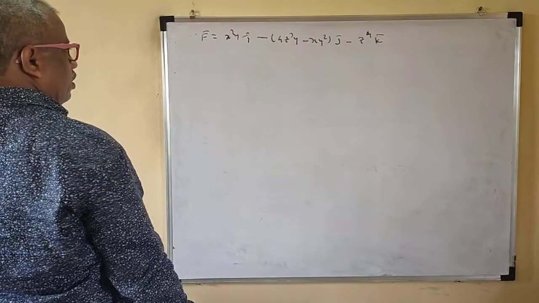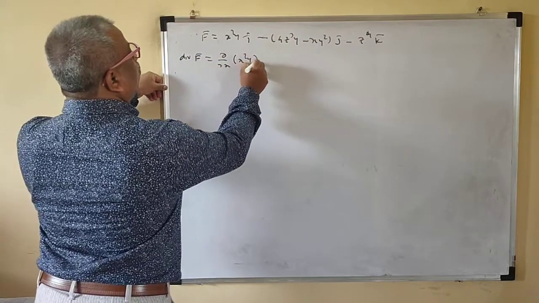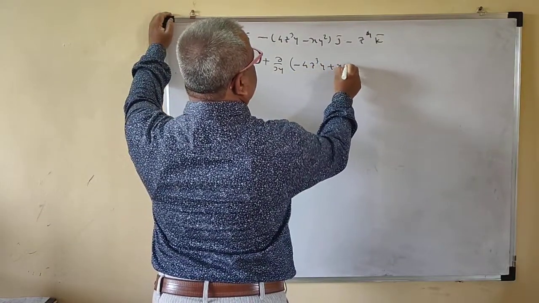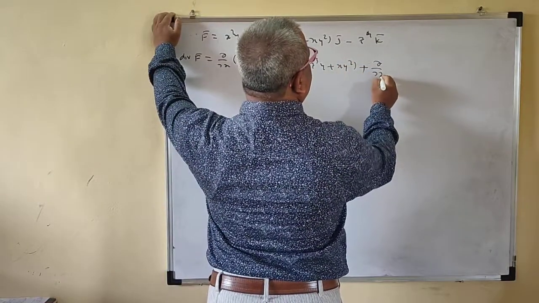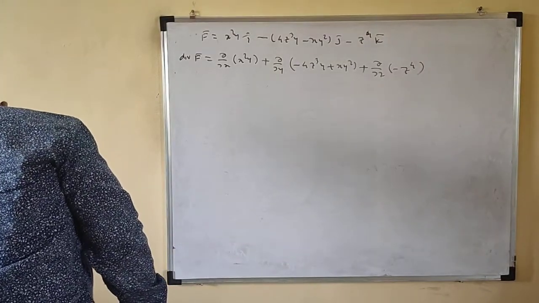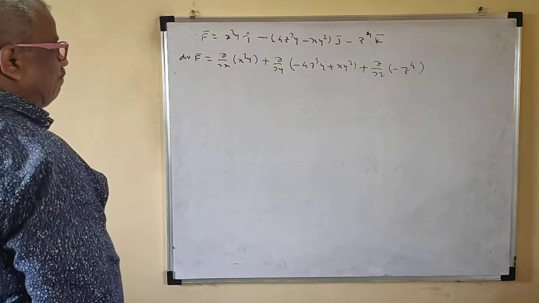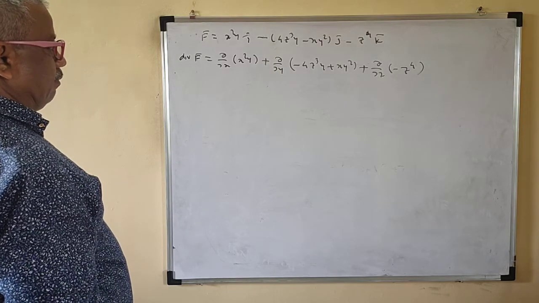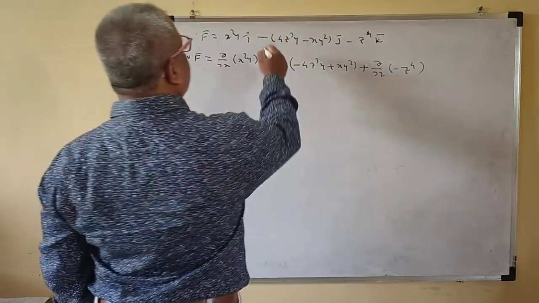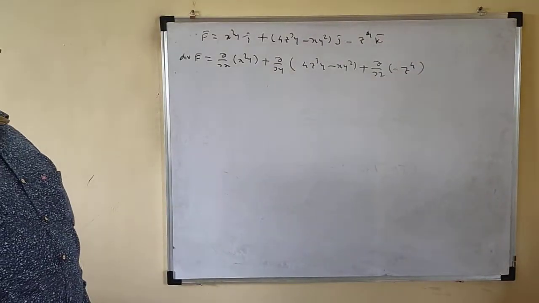Solution: given this. So divergence of f bar is dou by dou x of x square y, plus dou by dou y of the second component, which you have to adjust, so minus 4 z cube y plus xy square, plus dou by dou z of minus z raised to 4. Now we'll differentiate this.